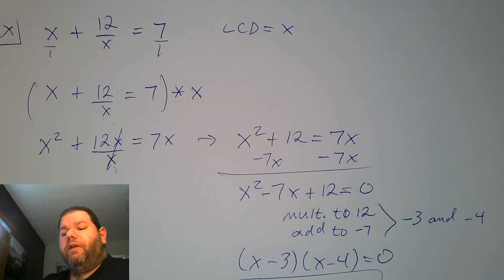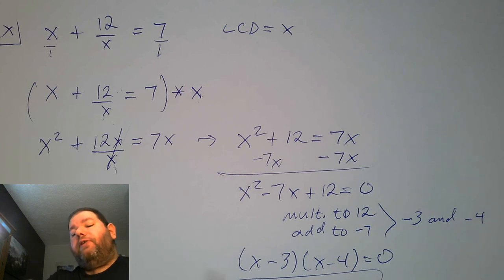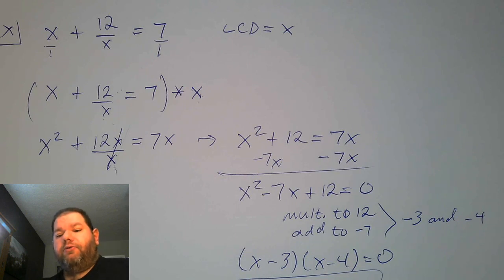Okay? So division by 0 is undefined. So anytime we run into that, we have to make sure we're checking that it doesn't occur. And that's really the point of checking our answers here, to make sure we aren't dividing by 0 when we substitute these back into the original equation.